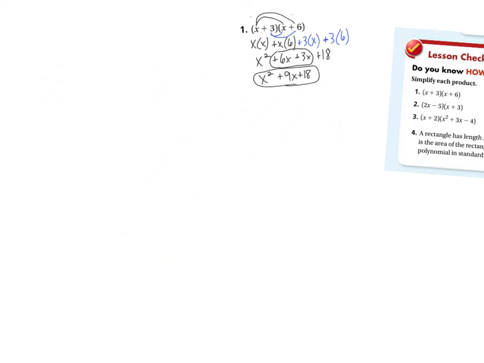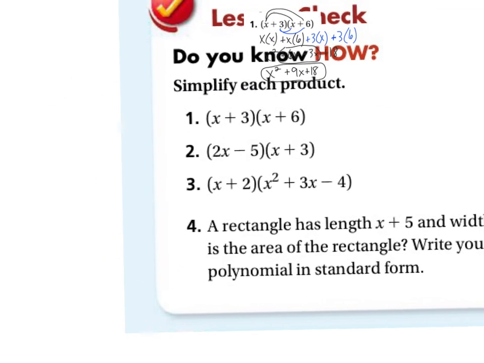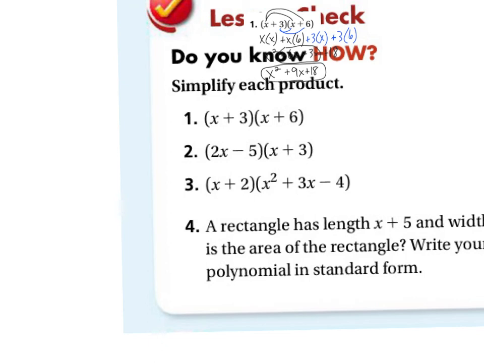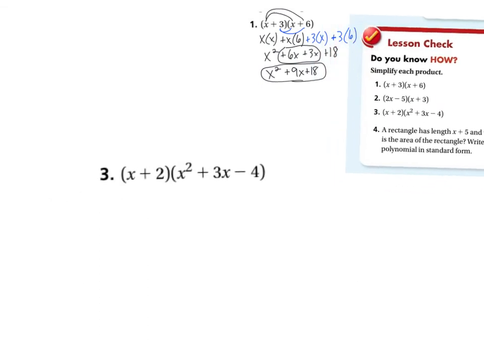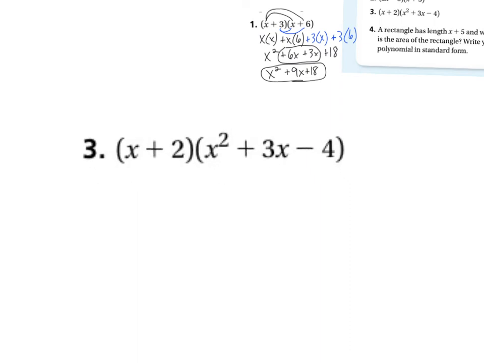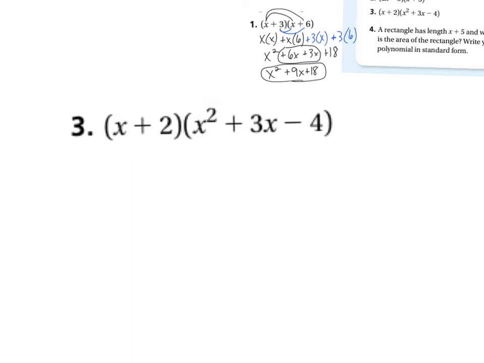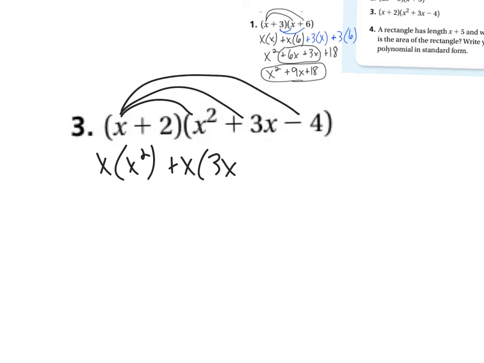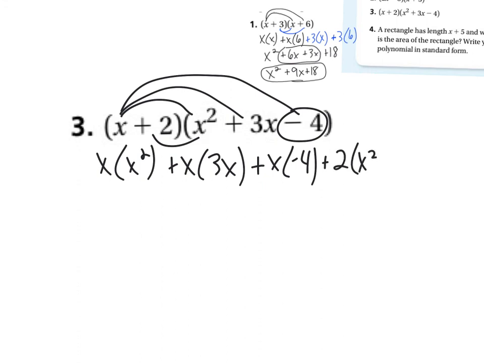And then just to practice one more with a binomial times a trinomial, let's look at number 3. They've already got it set up as a binomial times a trinomial, so I'm just going to start working this out. So we'll distribute the x. And then we'll distribute the 2.